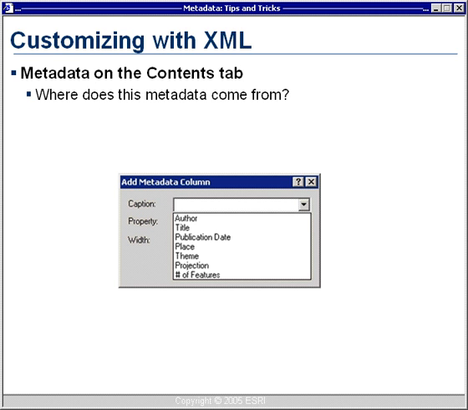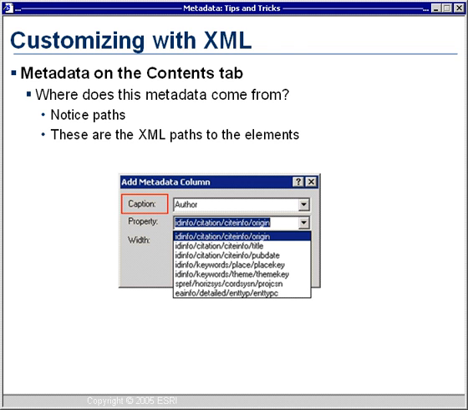Now earlier, when you saw how to add metadata elements to the Contents tab, did you wonder what might be going on behind the scenes? As you can see in the actual dialog, to add a metadata column, you can choose to add the default elements from a drop-down list, even after you inadvertently delete one.